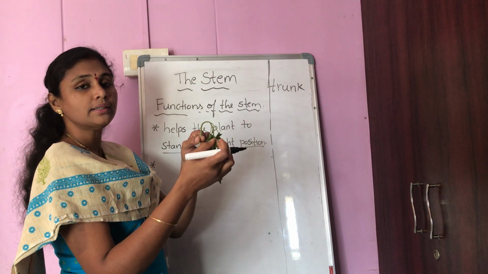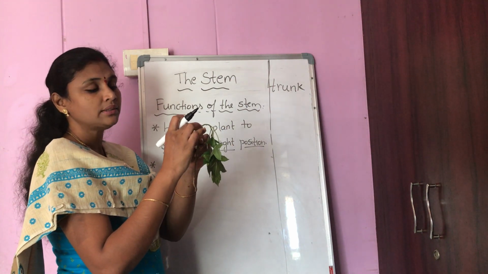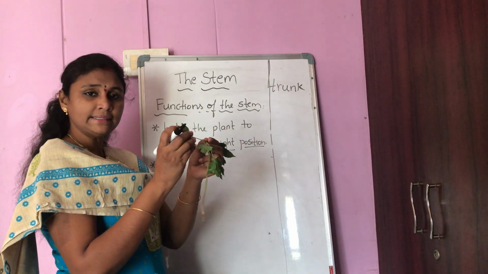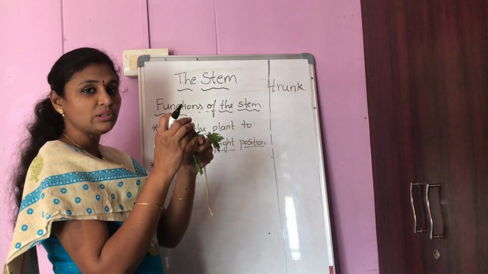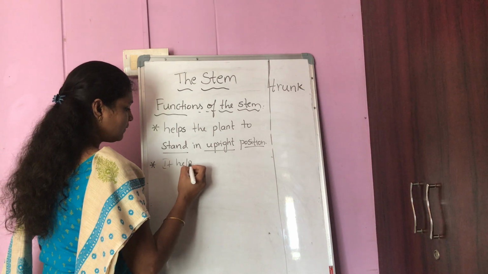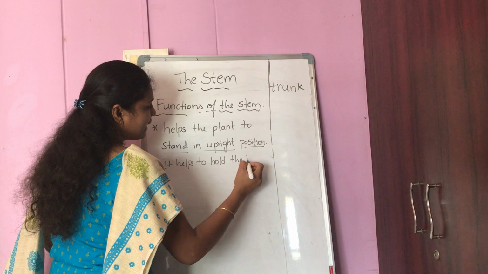Then the leaf prepares the food and it is taken back to the other parts of the plant. The stem also helps to hold the branches, right?